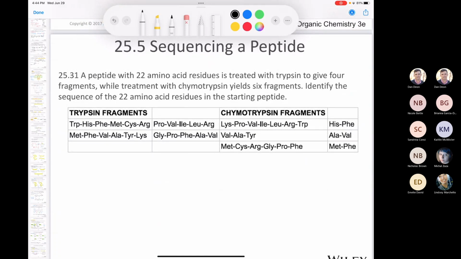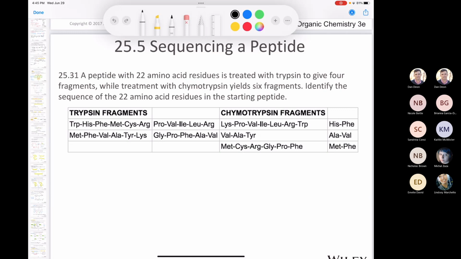It says you've got a peptide that's got 22 amino acid residues and is treated with trypsin to give 4 fragments. So these are the trypsin fragments right here. Then it's treated with chymotrypsin to yield 6 fragments. Identify the sequence of the 22 amino acid residues in the starting peptide.